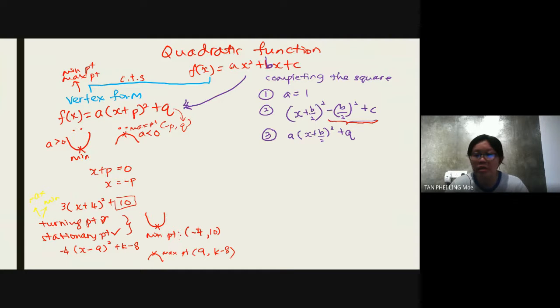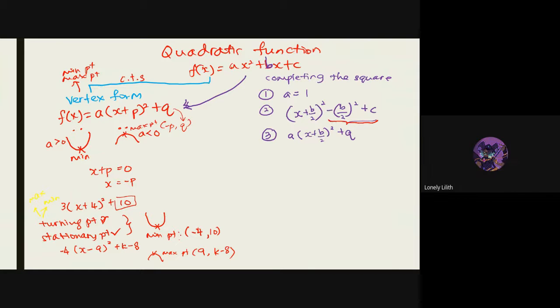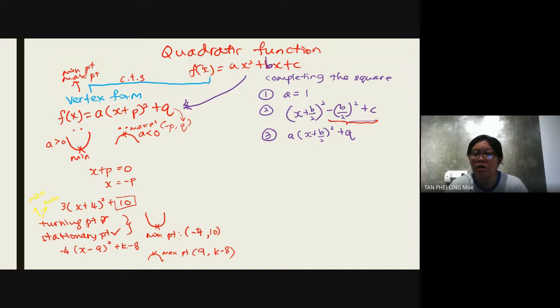Should we revise? The way to do it, you expand this? If you were to expand them back, then you are going to get back your quadratic function in general form.